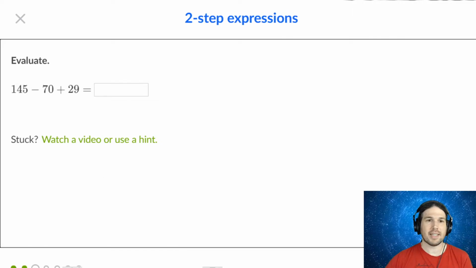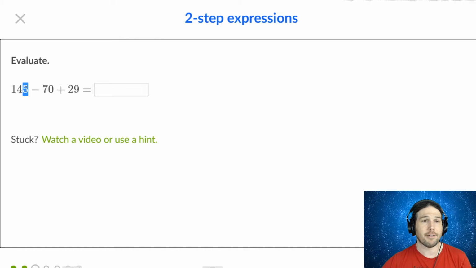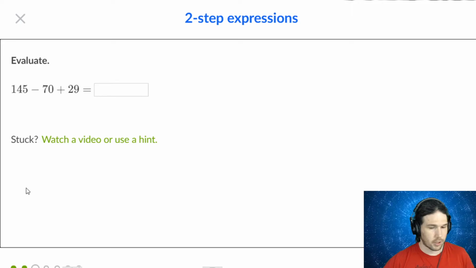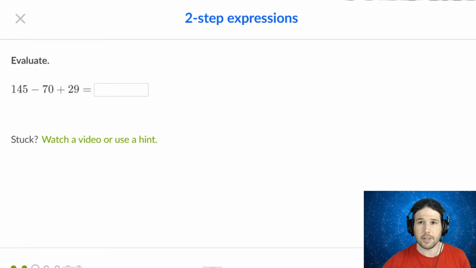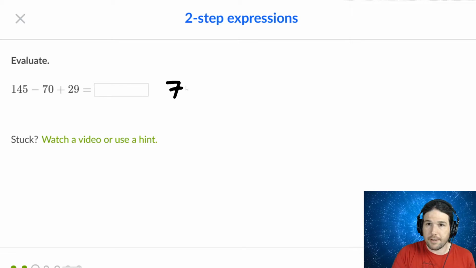145 minus 70. Now, again, multiples of 10 are nice and easy, right? I look at 145 minus 70, and I'm going to ignore the 5, and I'm just going to do 14 minus 7, which is 7. So 145 minus 70 is 75. Okay, so let me actually write this down. Since it's done in 2 steps, I'm going to write this down. So 75.